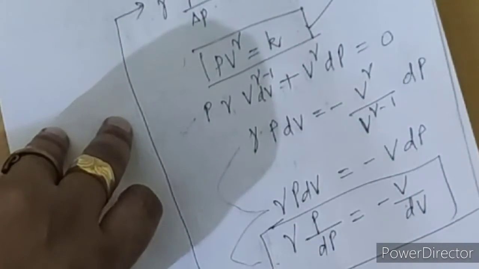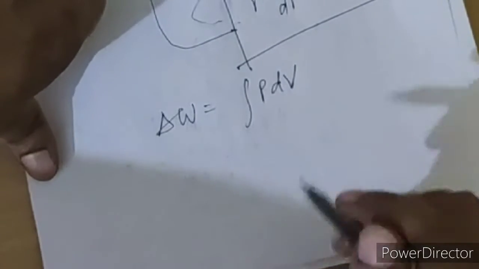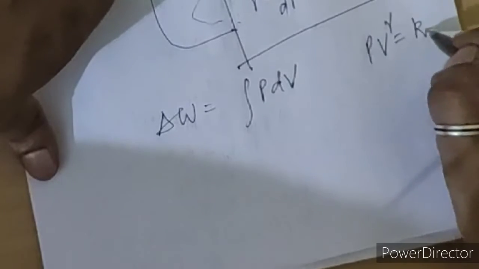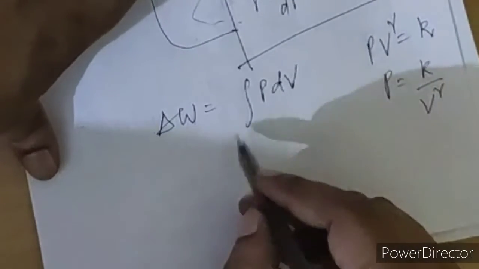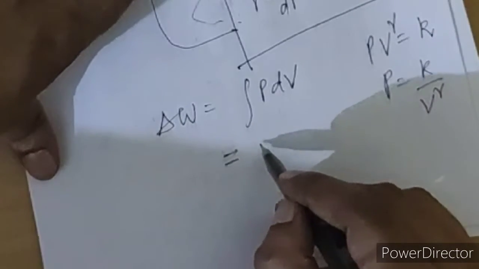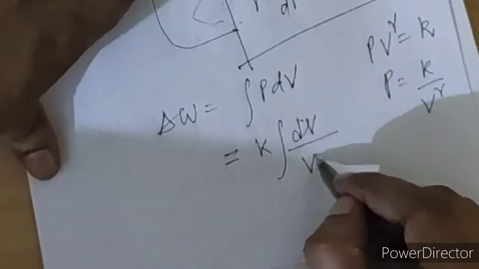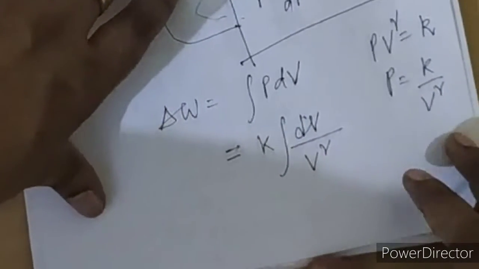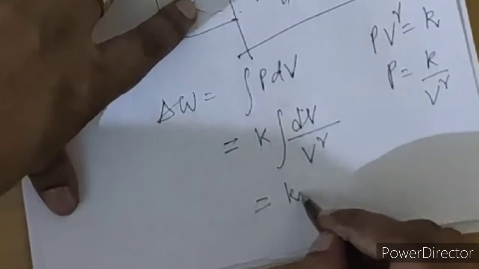Now if you calculate the work done, that is given by P dV, and we know PV raised to power gamma is equal to some constant, so you can write P is equal to K V raised to power gamma. You can write this value here, dV V raised to power gamma, and you can just basically do the integration here.